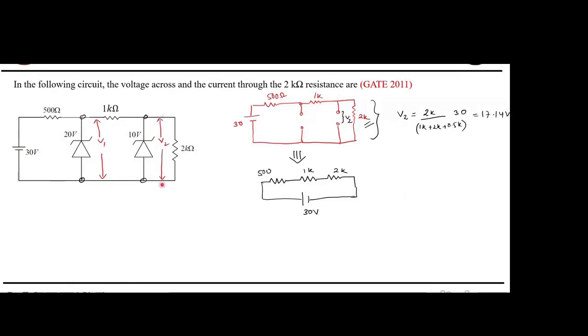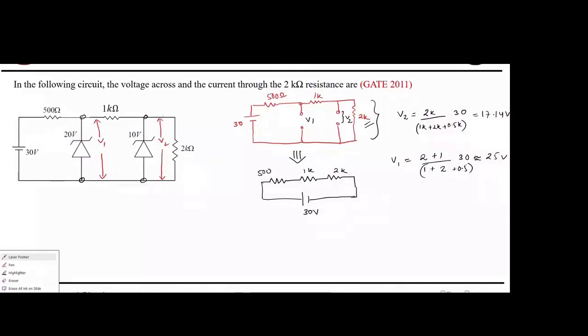So this V1 is nothing but 2 plus 1 divided by 1 plus 2 plus 0.5, into 30. You'll get approximately 25. So here also you are getting 25. And what is the rating here? 20 volt. So this one will also be in breakdown.